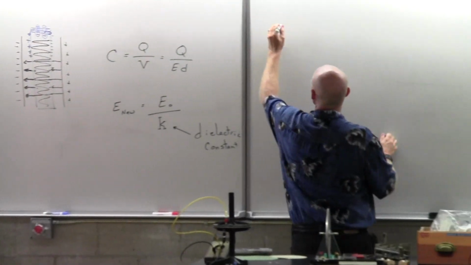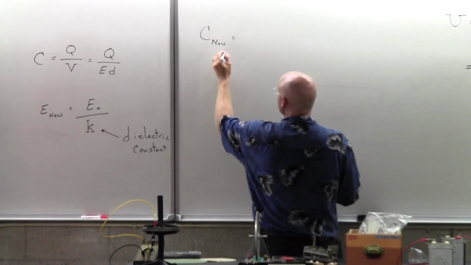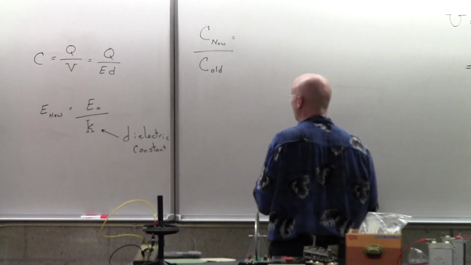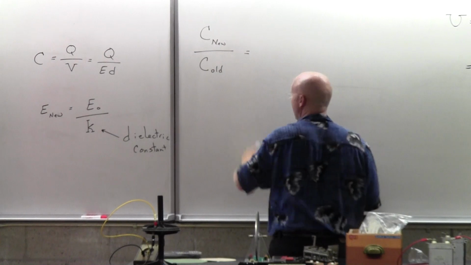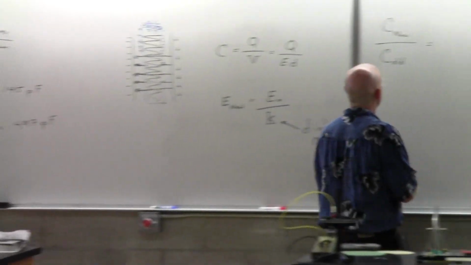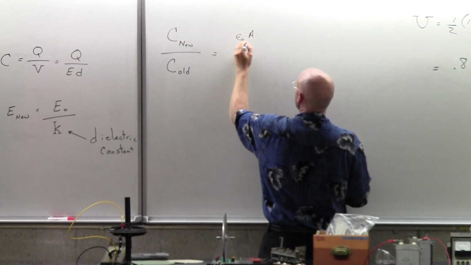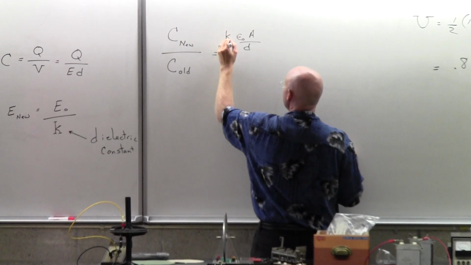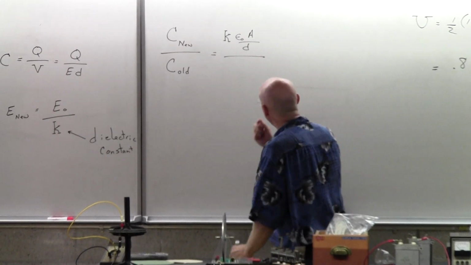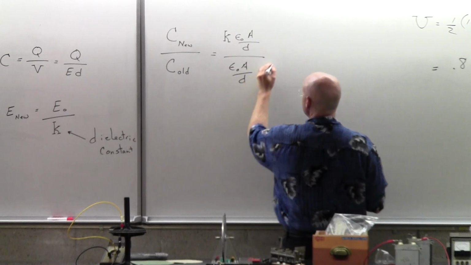This capacitance, which I will call nu, if I compare it to what I'll call the old one, the one that was just filled up with air, you can hopefully see that the new capacitance needs to be calculated with epsilon naught over d times kappa. The old one was just epsilon naught over d.